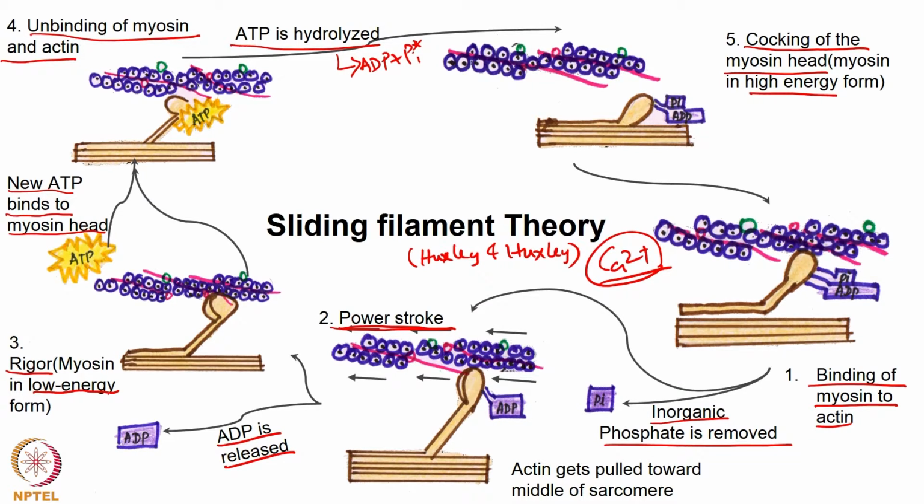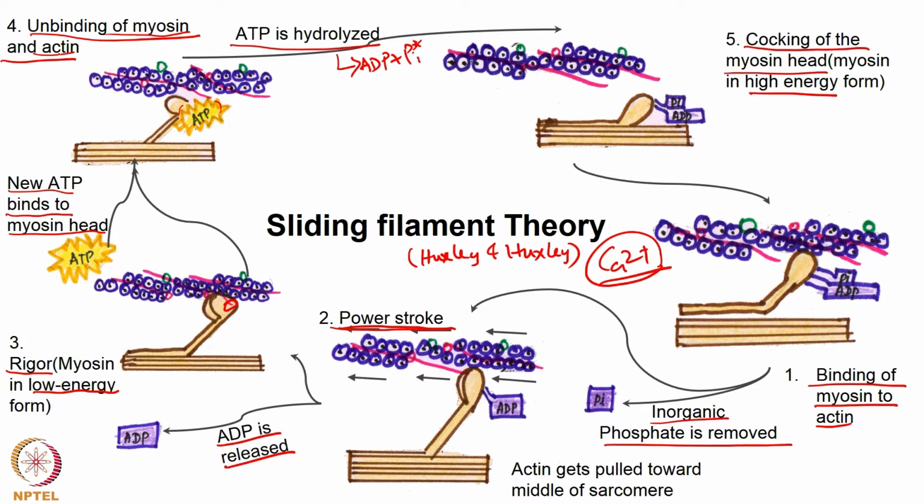Now, when ATP attaches to myosin, then myosin unbinds or disconnects itself from actin, and then ATP is hydrolyzed into ADP and phosphate, and then it cocks the head and goes to a high energy form, and then the cycle repeats.